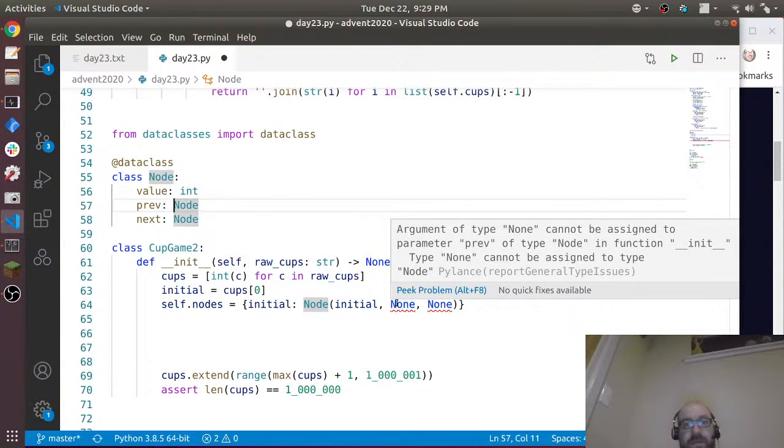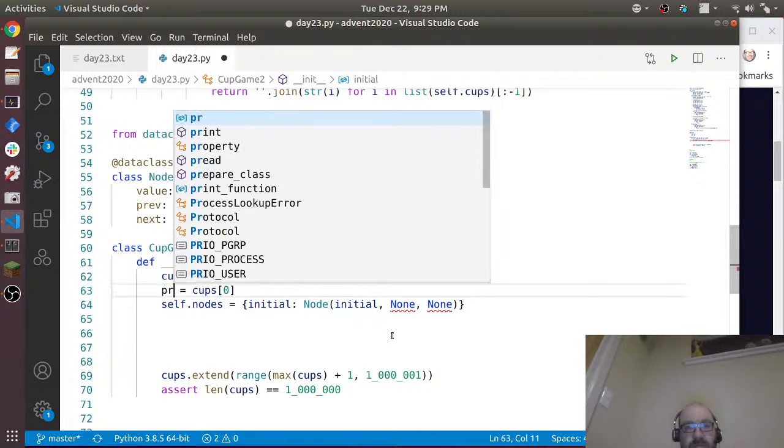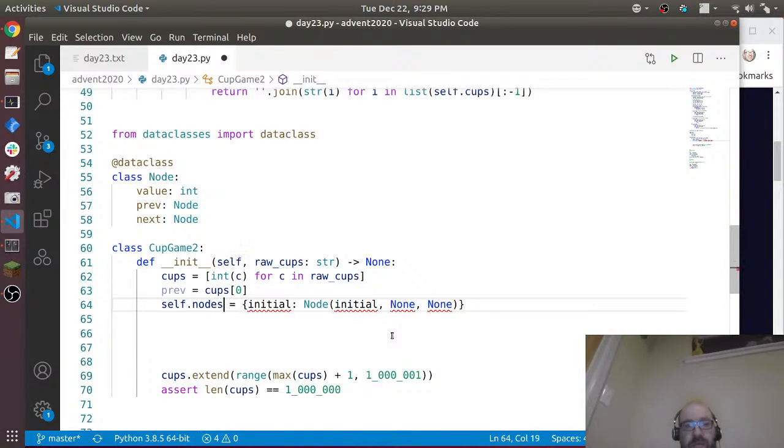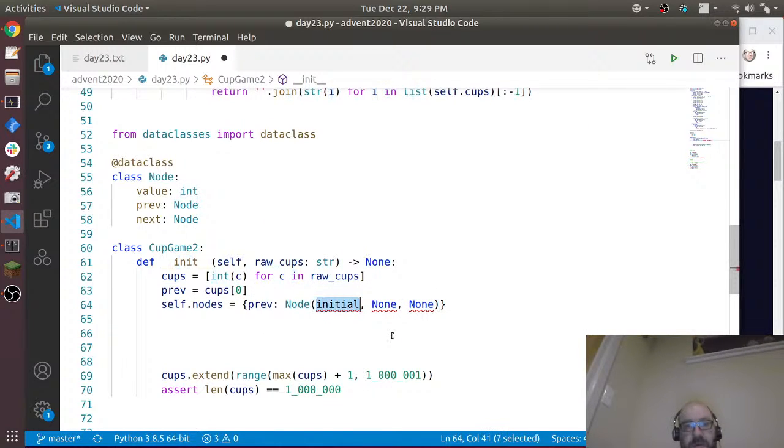It's getting mad at me because None cannot be a Node. Okay, and so what I want to do is say prev equals this. Prev is Node prev. Okay.